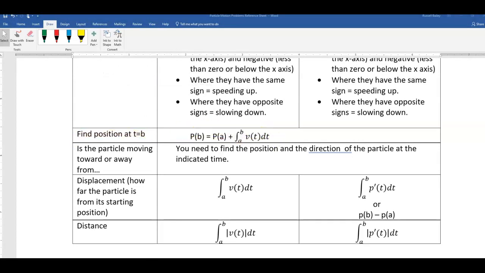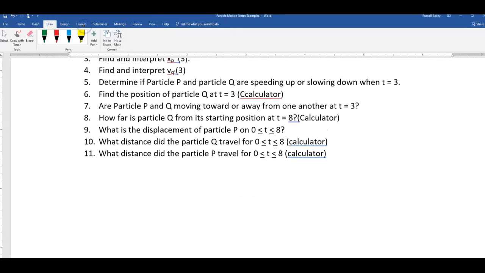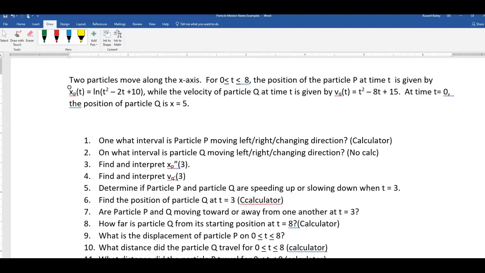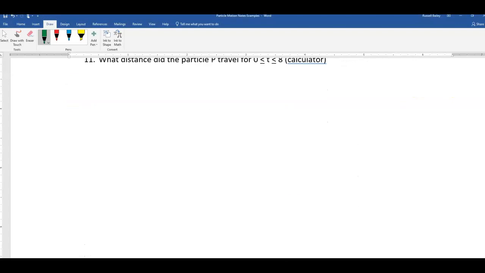So that's what the initial condition was given to us for up there in the beginning. In the beginning, they told us that at time t equals 0, the position of particle Q is 5. So that's going to come in handy in just a moment. So here we go.